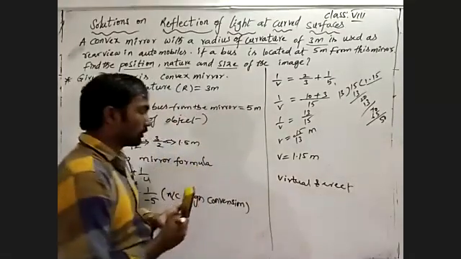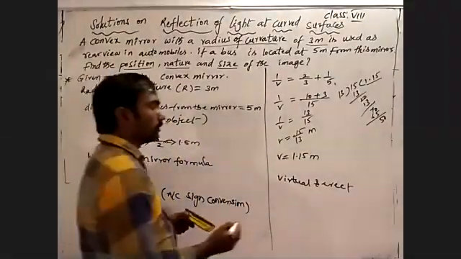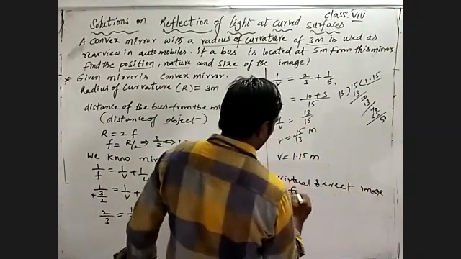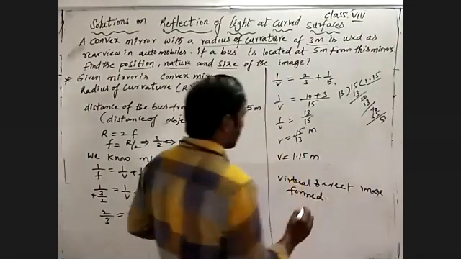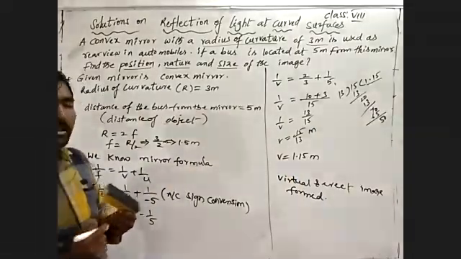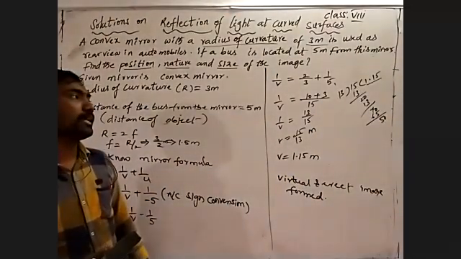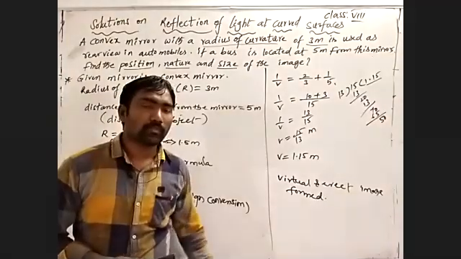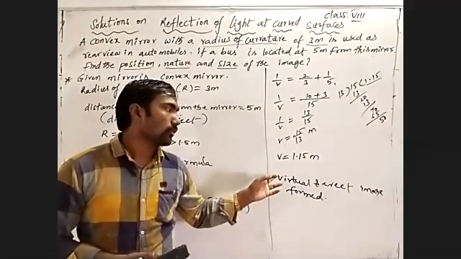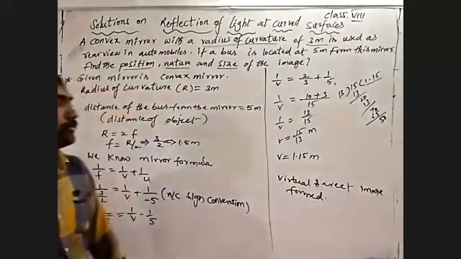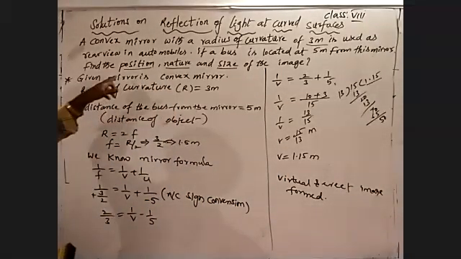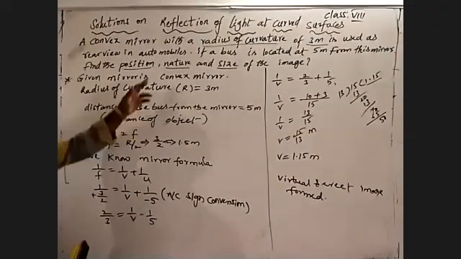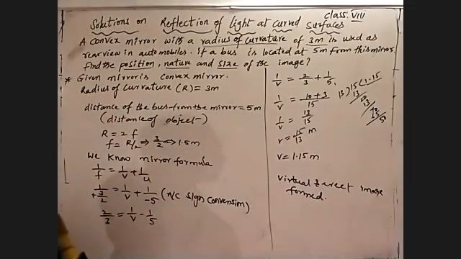Virtual means the image does not form on a screen. Erect means vertical. It is formed inside the mirror. So at what distance is the image formed? 1.15 meter. So the position of the image is 1.15 meter, and the nature is a virtual erect image.